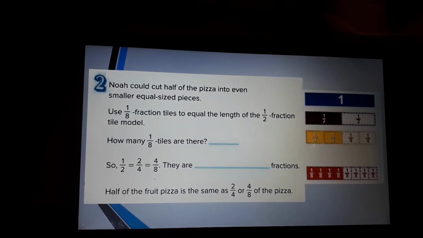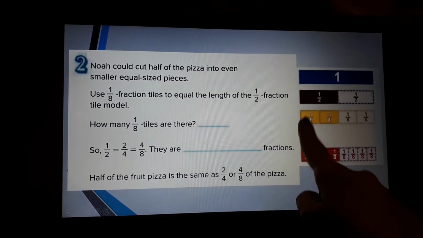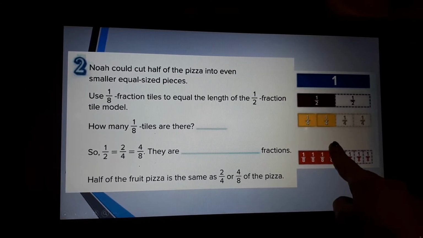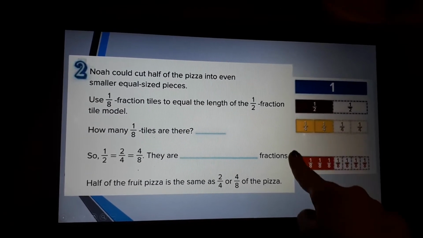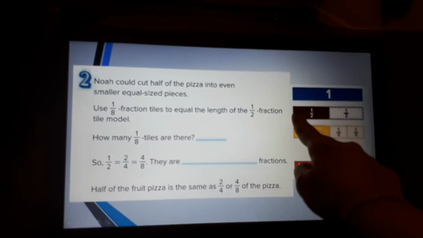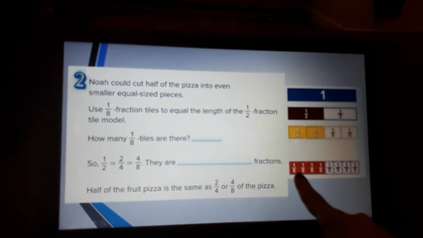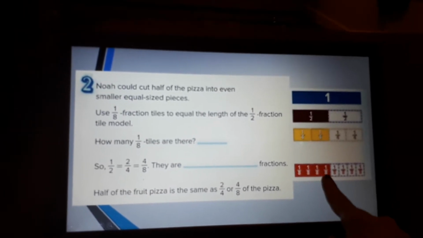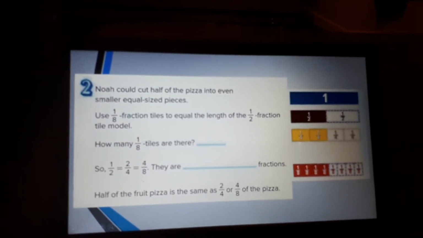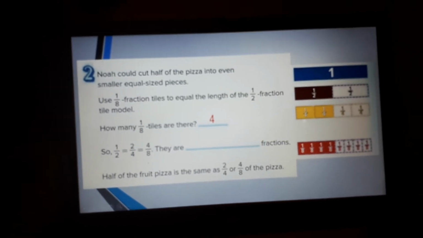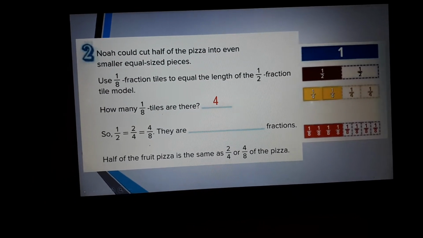So, how many eighths tiles are there? Look here. You see, the equal parts here make what? 1, 2, 3, 4. 4 over 8. So 1 over 2 is equal to 4 over 8.